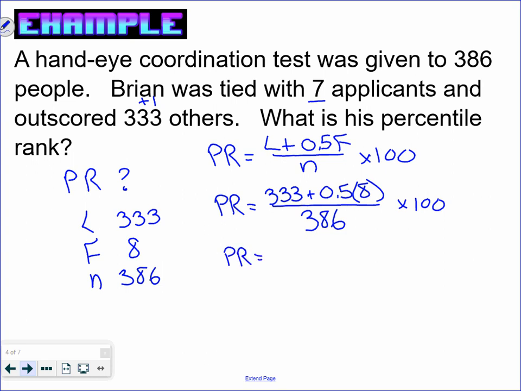So to calculate this, the first thing we're going to do is multiply 0.5 times 8, which will give us 4. The second step we do is add the 333 plus 4 to give us 337.